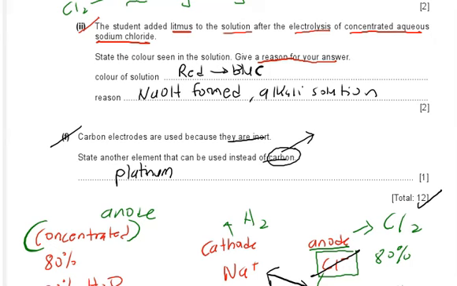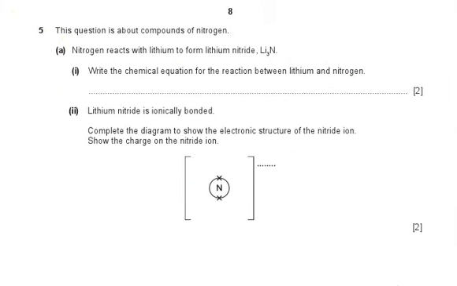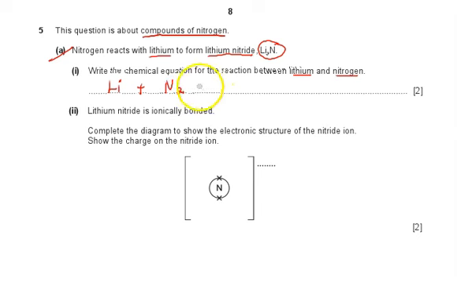Now let us go through question number 5. This question is about compounds of nitrogen. Nitrogen reacts with lithium to form lithium nitride. Write a chemical equation for the reaction between lithium and nitrogen. Lithium appears as a metal, and nitrogen will appear as a gas.